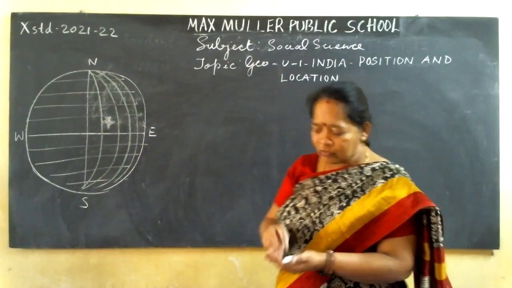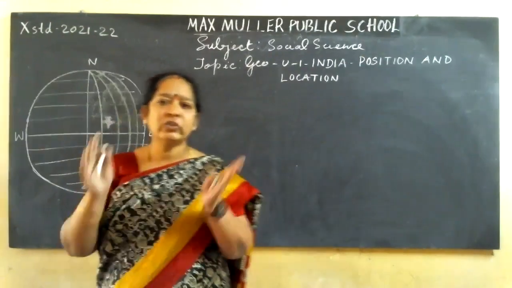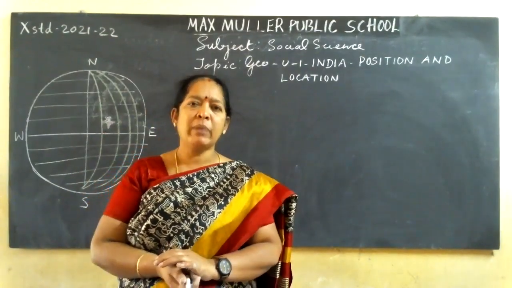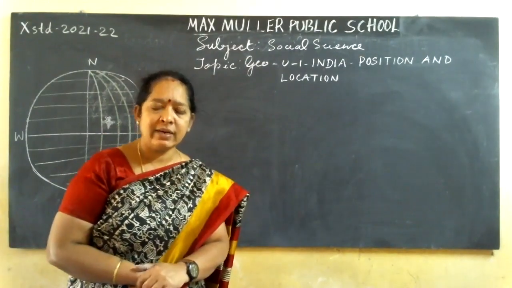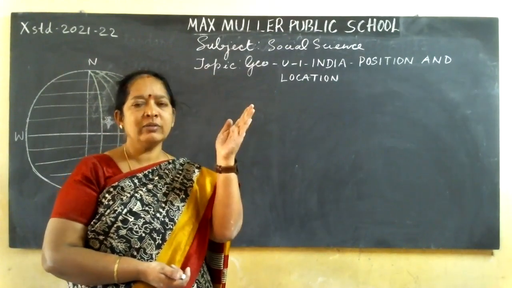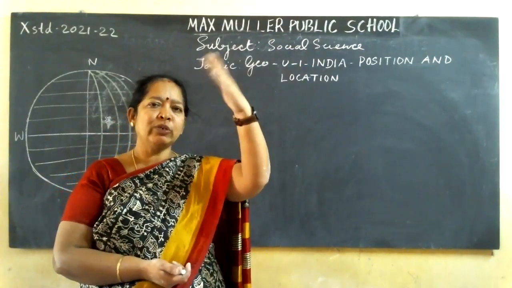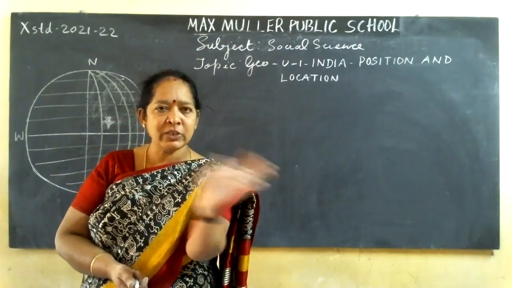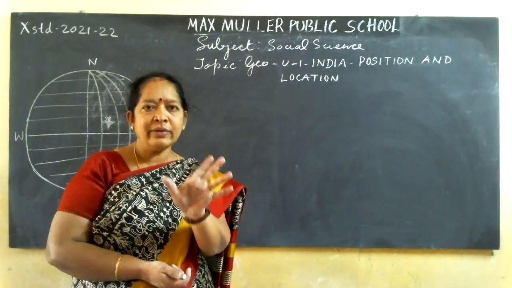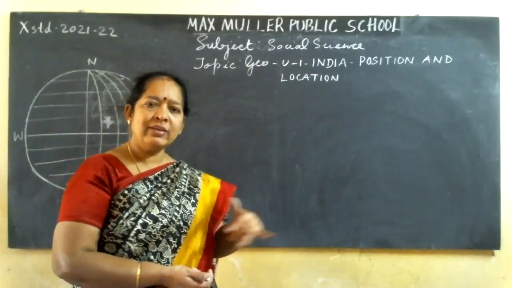So first of all, in 10th standard, it is compulsory that you should know how to draw the India map. Now, how to practice the India map? First, you practice up to the northern side, the head part of it, Jammu Kashmir and Himachal, Punjab. Then you see the western side, Gujarat and Rajasthan.